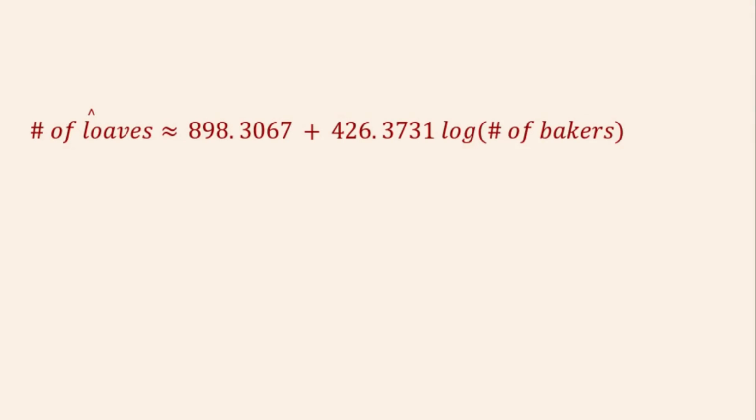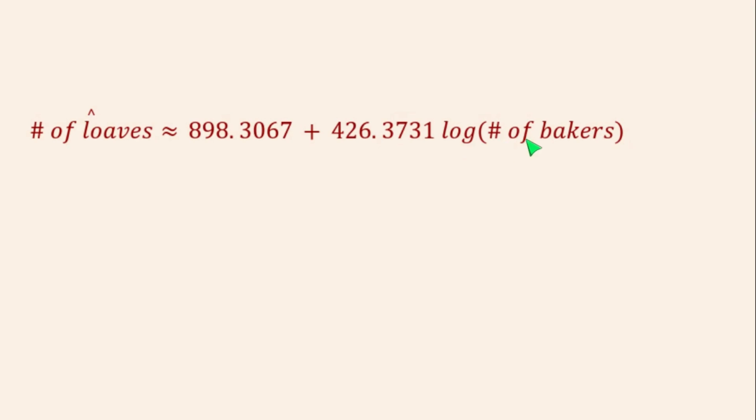So here is the regression line. You could get this from your linreg t-test. It would be the number of loaves that we predict is equal to, here's your b sub 0, here's your b sub 1, and then it's not just the number of bakers. Remember, we applied a log to the x values for our logarithmic transformation.